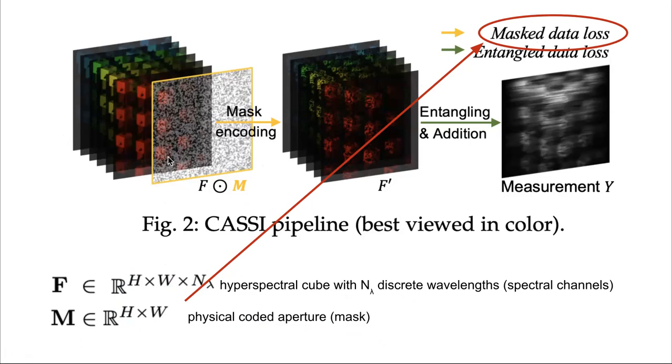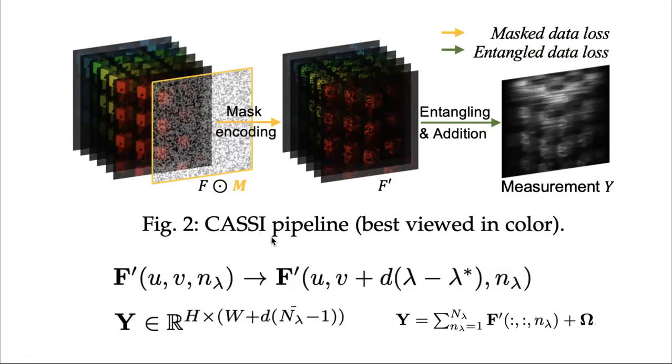So we have some loss because of the mask. The second one would be the entangling. The second stage is entangling and addition, and specifically it's mainly a shift in the y direction, as in the paper.